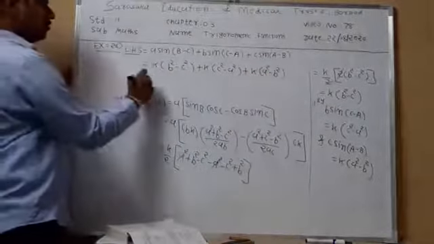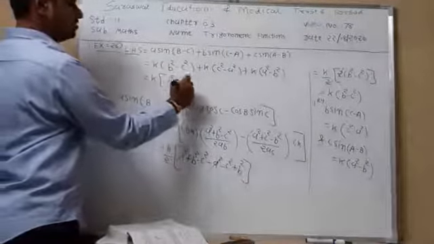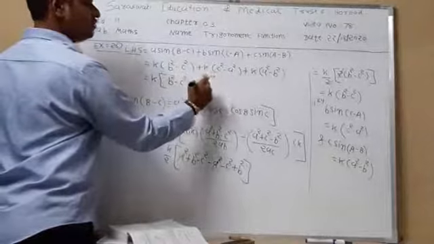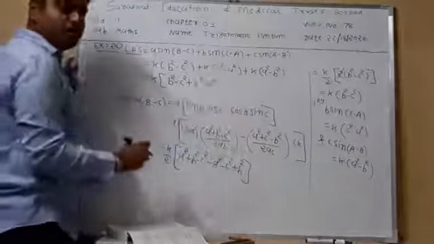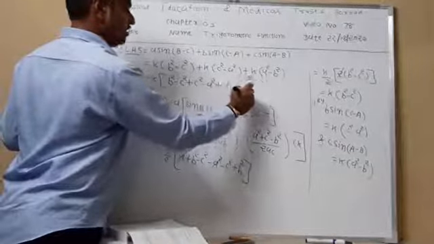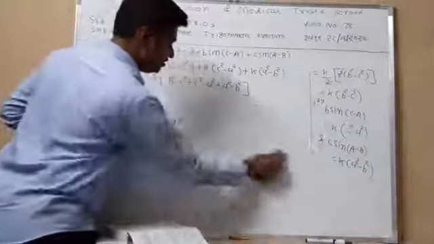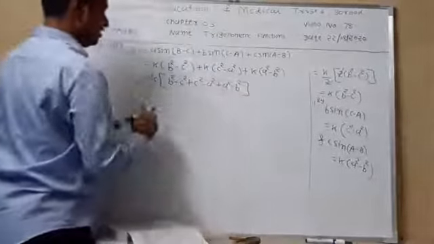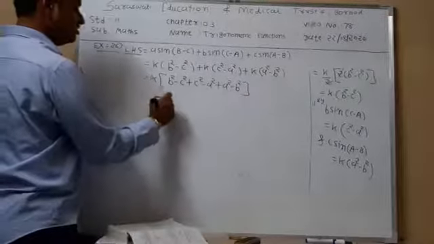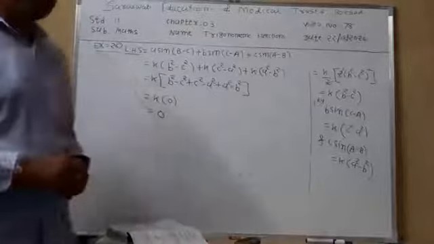Taking k common, the remaining terms are b square minus c square plus c square minus a square plus a square minus b square. After these terms cancel out, we get the answer 0. K into 0 means 0. So our proof is over.